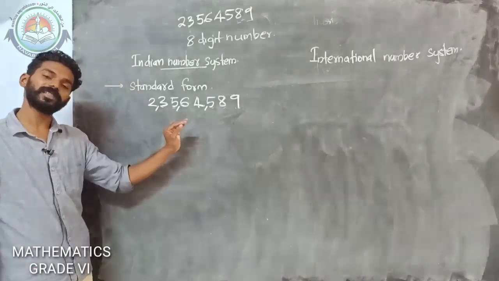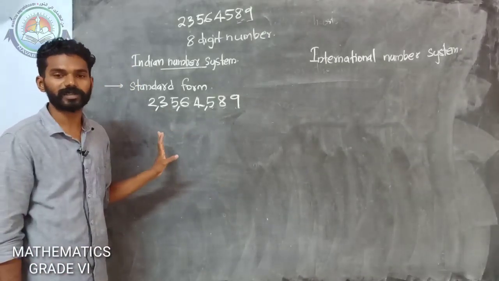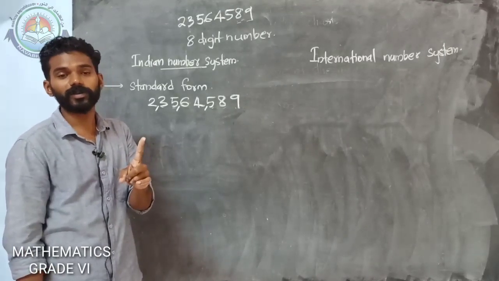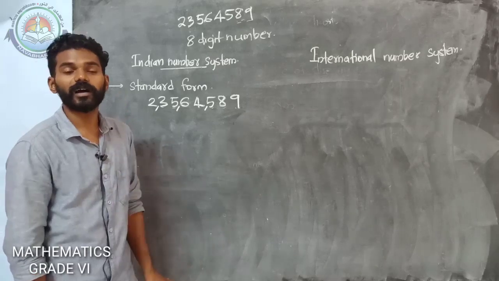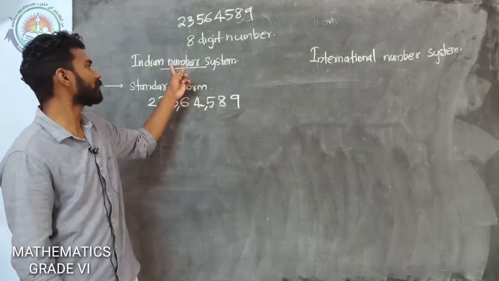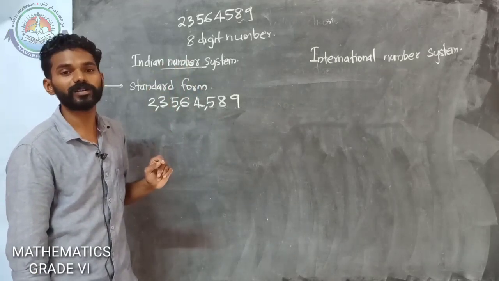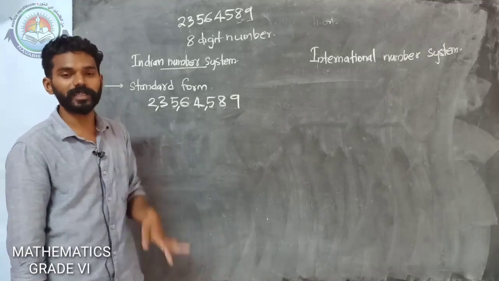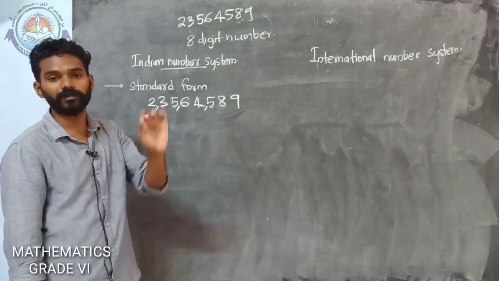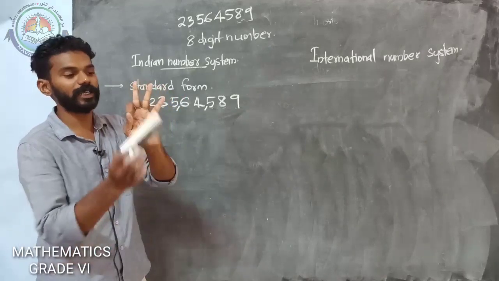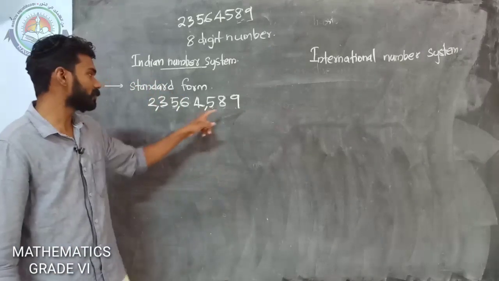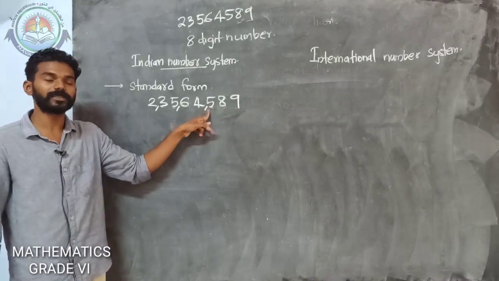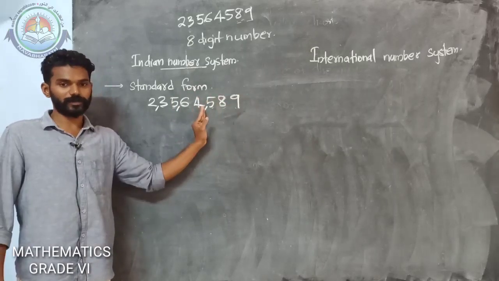So while representing a number in its standard form, first of all you should care about which is the number system. Here the number system is Indian number system. Now you should consider the periods. In Indian number system, the period of ones contains 3 digits. So you should put a comma after the first 3 digits from the rightmost end.